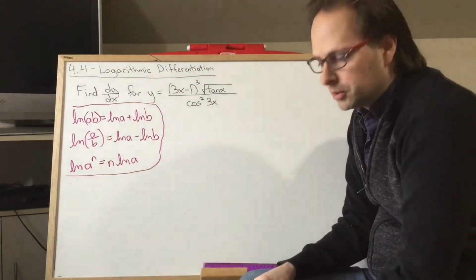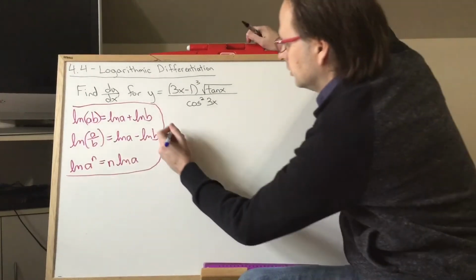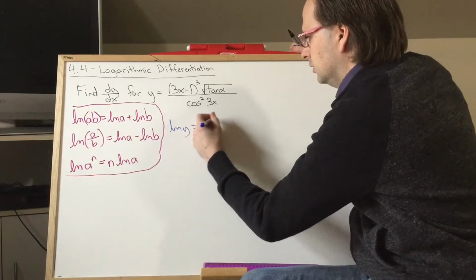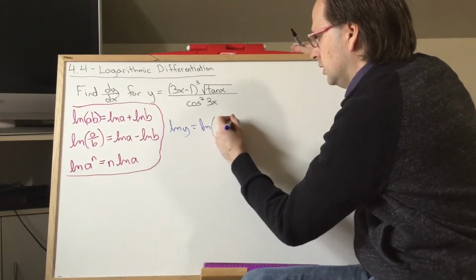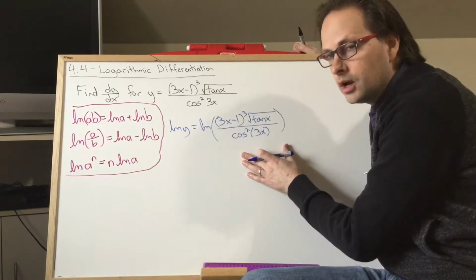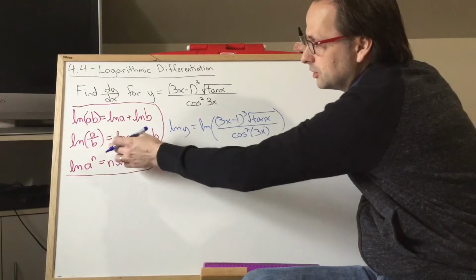So how that's going to help us over here is if we take the log of both sides. So I'm going to say ln y is ln of this whole mess. Once I've taken the log, I can start to use log properties. So the one that jumps out at me is that there's division here.